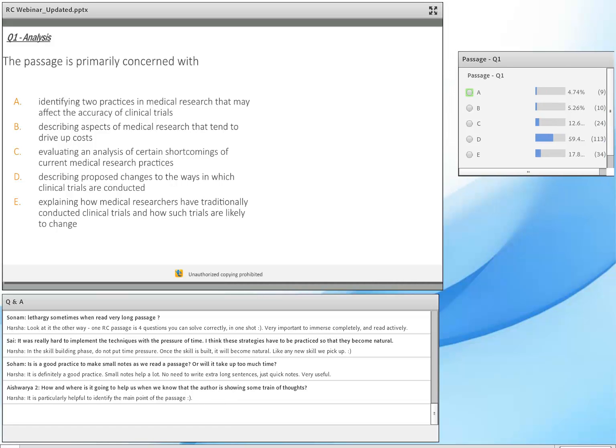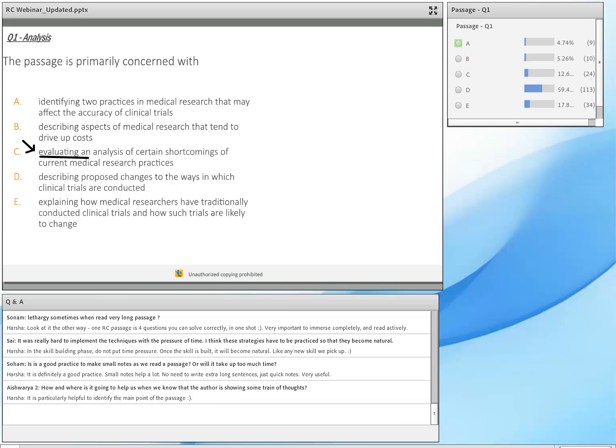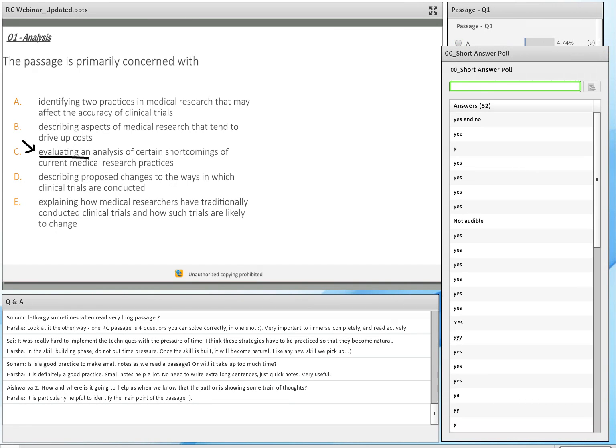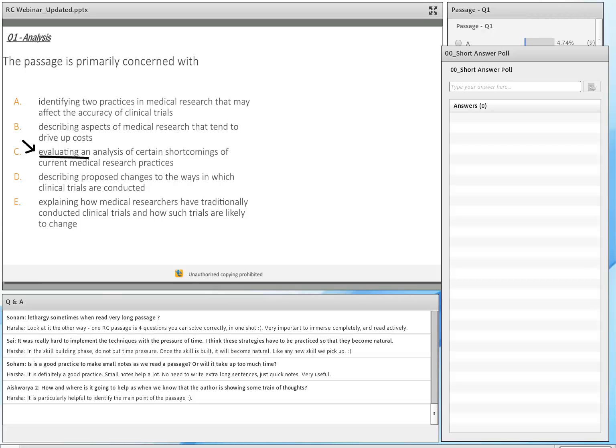Majority of you chose choice D. The choices that you were most often confused with were choices C and E. All right. Now, choice C is talking about evaluating. The moment you see the word evaluating over here, you should really say, hey, both pros and cons, and a judgment that the author really believes in is passed over here. Now, when you think about this, are the pros and cons of something present of the current way, current medical research presented?